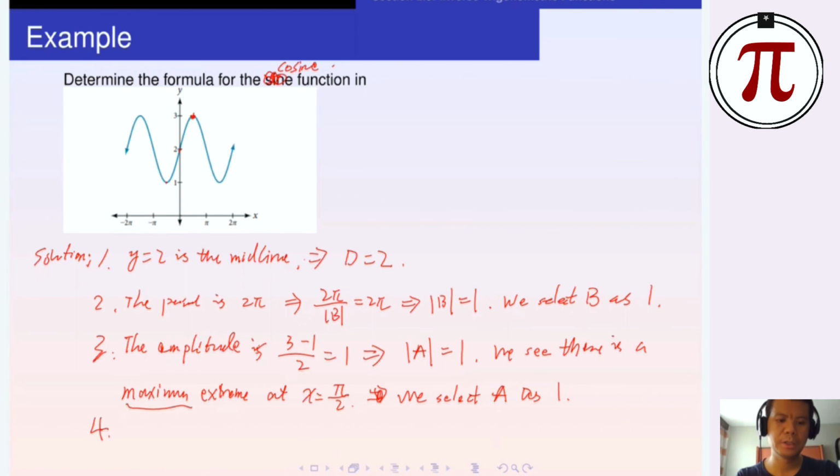At point 0, we have y equals A cosine(bx minus c) plus d, equals what?